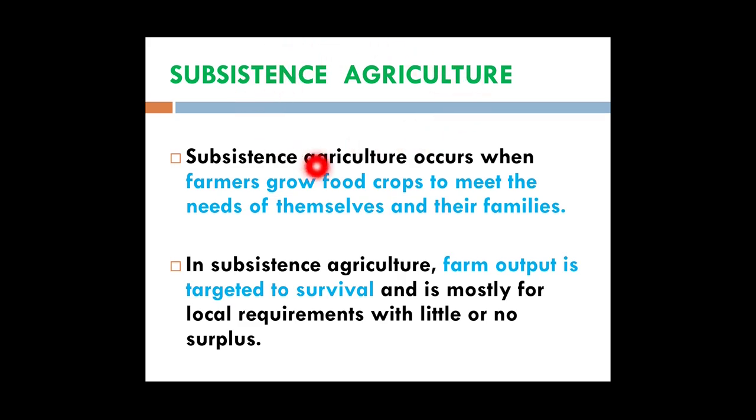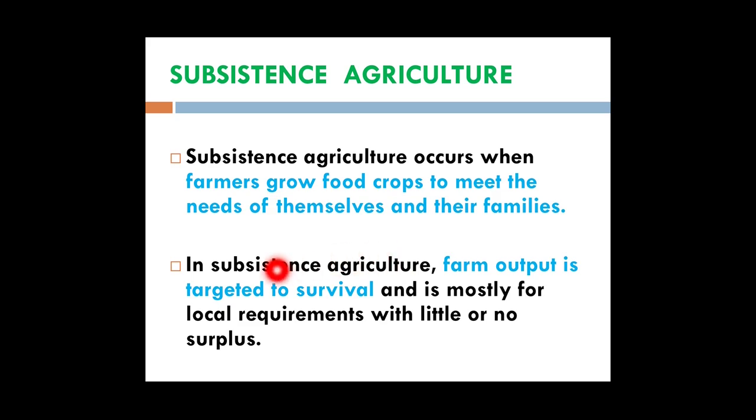It is done mainly when the farmer is poor, he is not capable enough to spend a lot of money or put a lot of capital so that he can buy a good variety of seeds, modern machines and scientific methods and technology for farming. He is only capable of growing that much crop to feed his family.